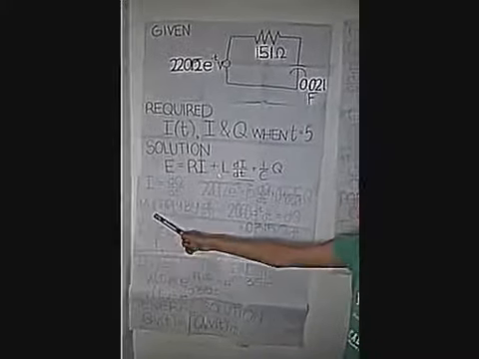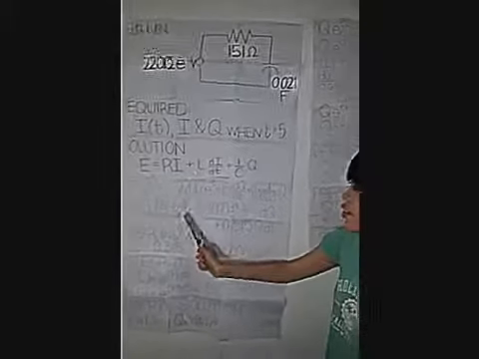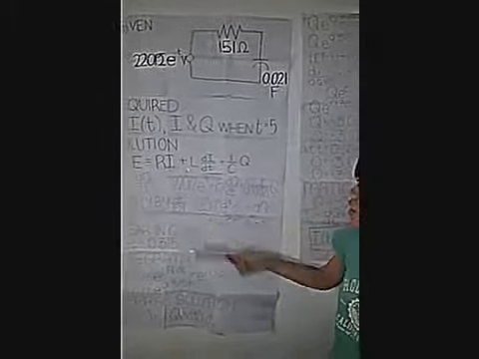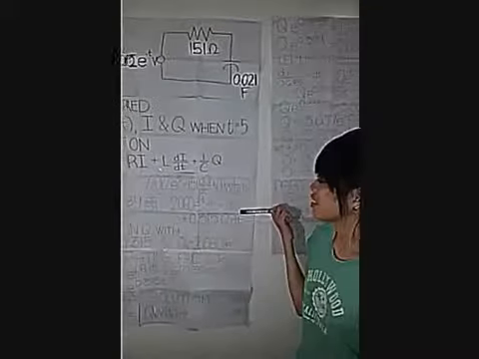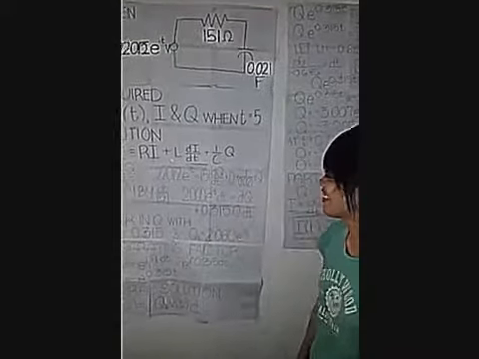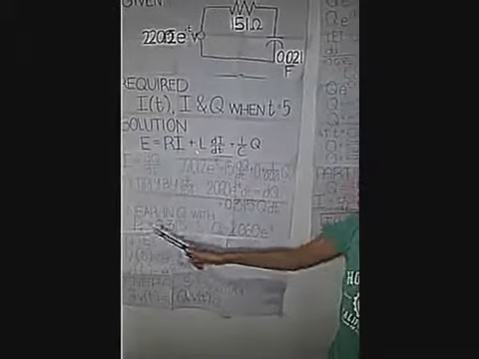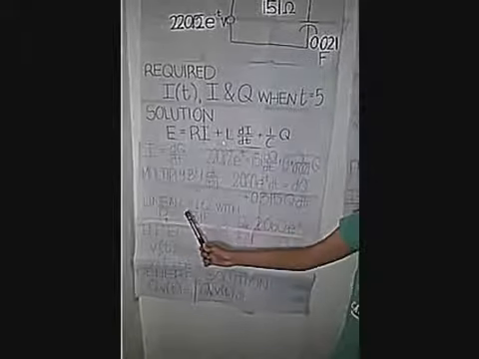We multiplied it by dt over 151, resulting to this equation. And we could notice that it is in linear form.